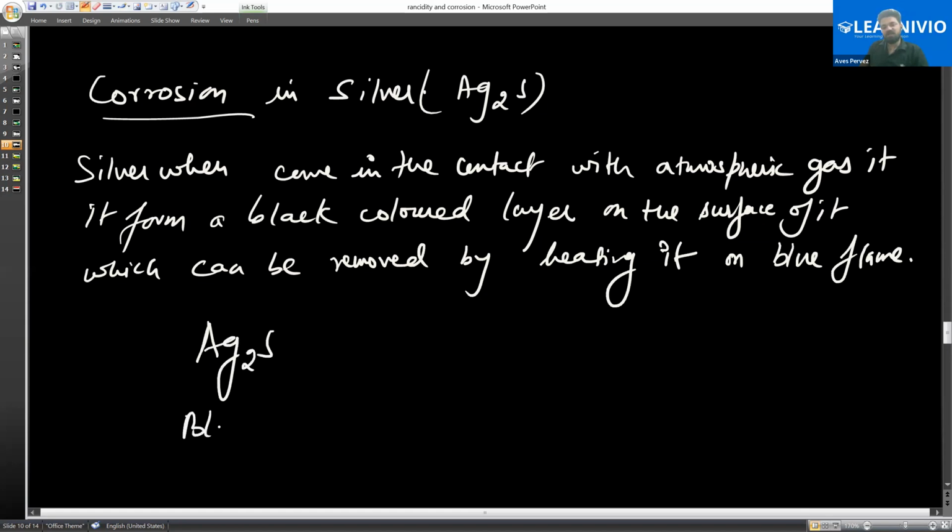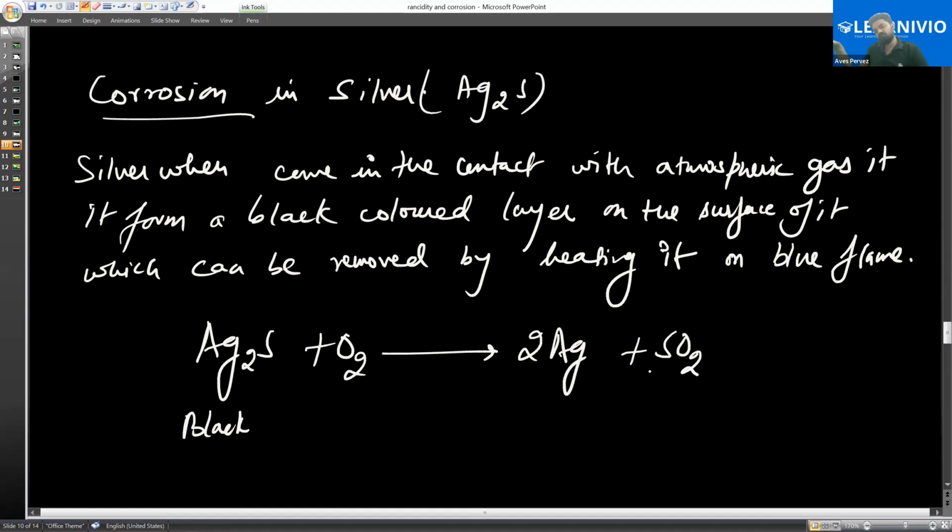Ag2S, which is black in color, when heated in the presence of oxygen, reacts to give Ag plus SO2. Okay.